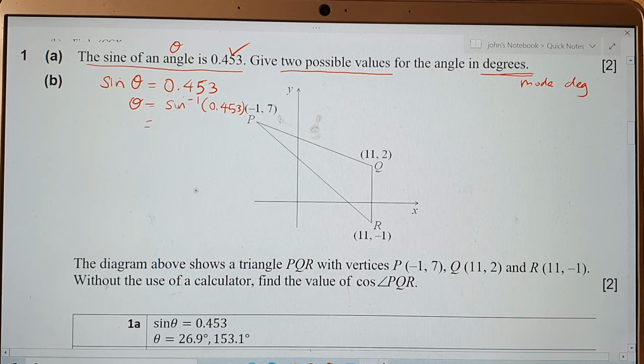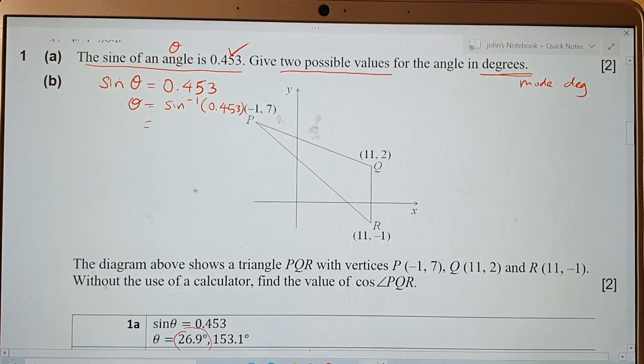When you press this on your calculator, it gives you 26.936.